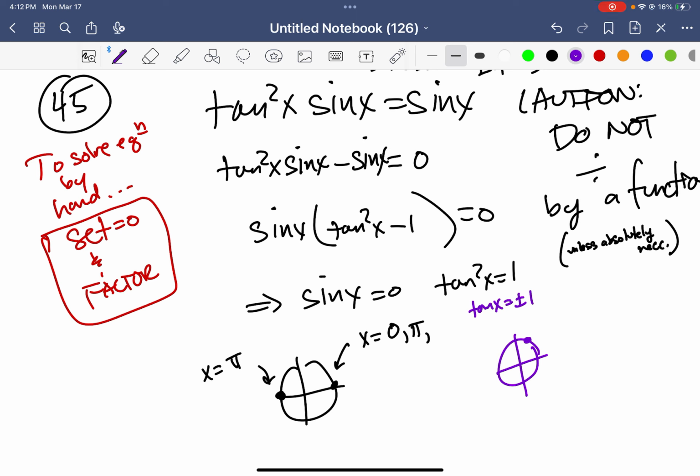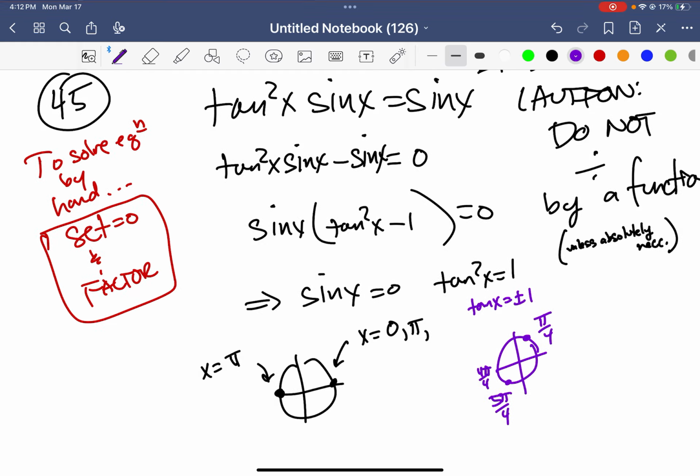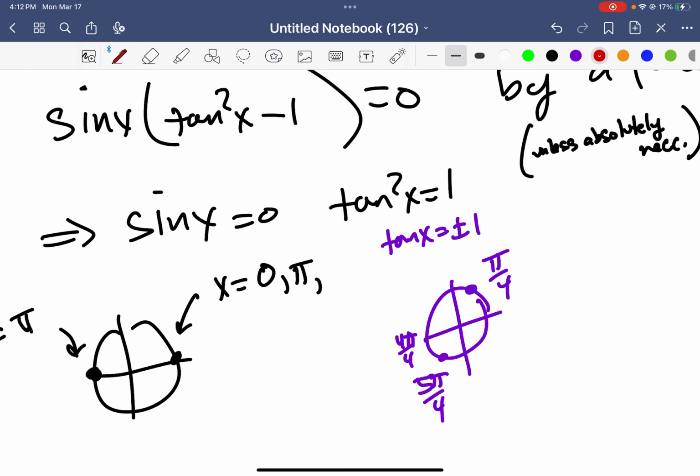So tangent is equal to 1 here at pi over 4 and 5 pi over 4, because this is a 4 pi over 4, so if you add 1, that's that. But then it's equal to negative 1 here at 3 pi over 4 and 1 less than 8 pi over 4, which would be 7 pi over 4. So it's going to be at all of these dots.